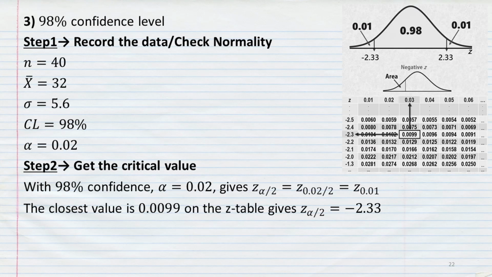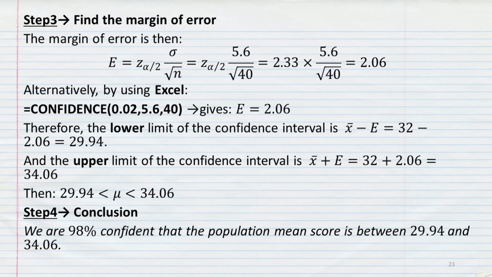Following the same method, let's do question 3 having 98% confidence level. Step 1. Check the data and check normality. Step 2. Get the critical value by using the z-table or Microsoft's Excel to find a z-value of 2.33. Step 3.